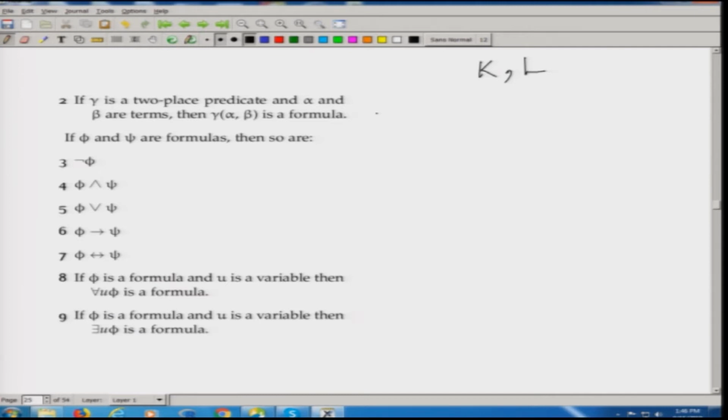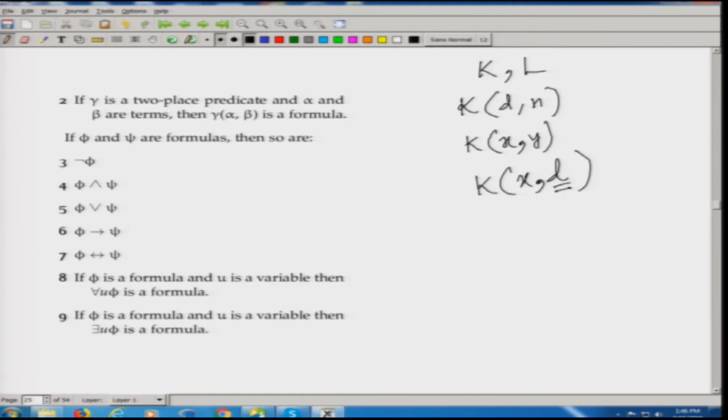Following this, you can have K D N. Remember, we have four names, D, N, J, and M. Or you can have K X Y, or K X D. As long as you take a term, anything is fine.